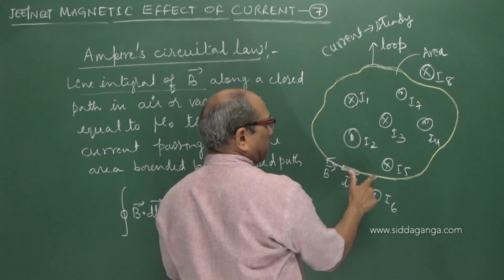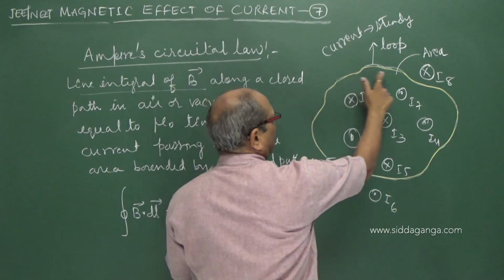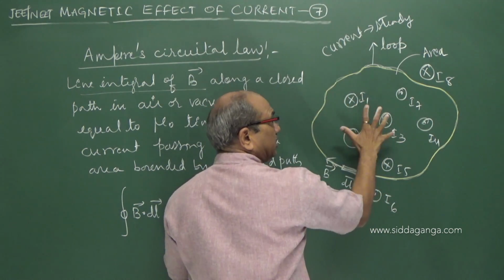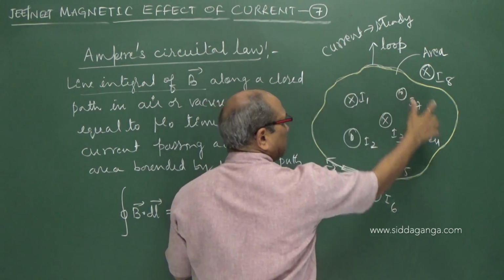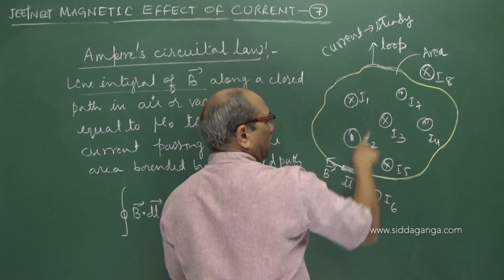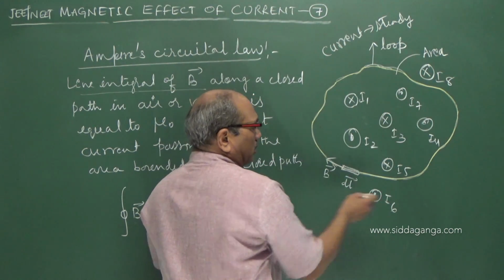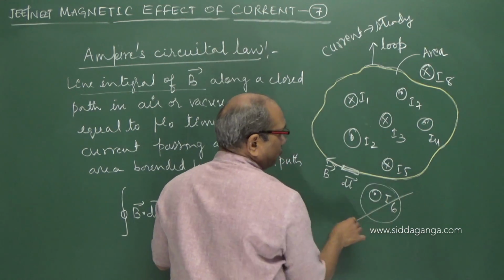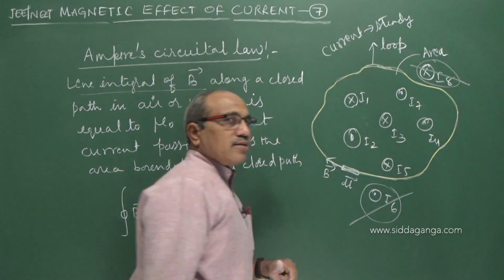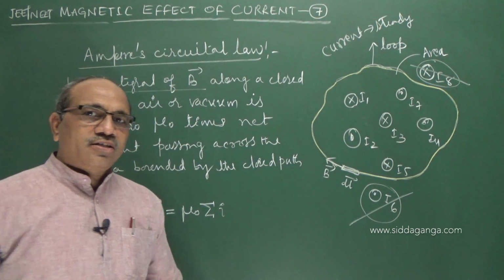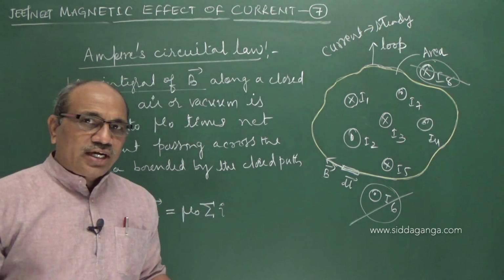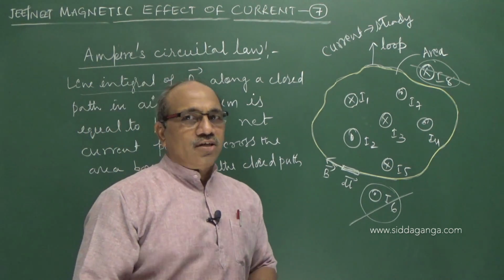In such a case, the magnetic field produced along this closed path is the total by all these currents which are inside the loop, crossing the area enclosed by the loop. We are not accounting these two. These two which are outside the loop are not taken here. As you have studied in electrostatics, in Gauss law we do not account the charges present outside the Gaussian surface.